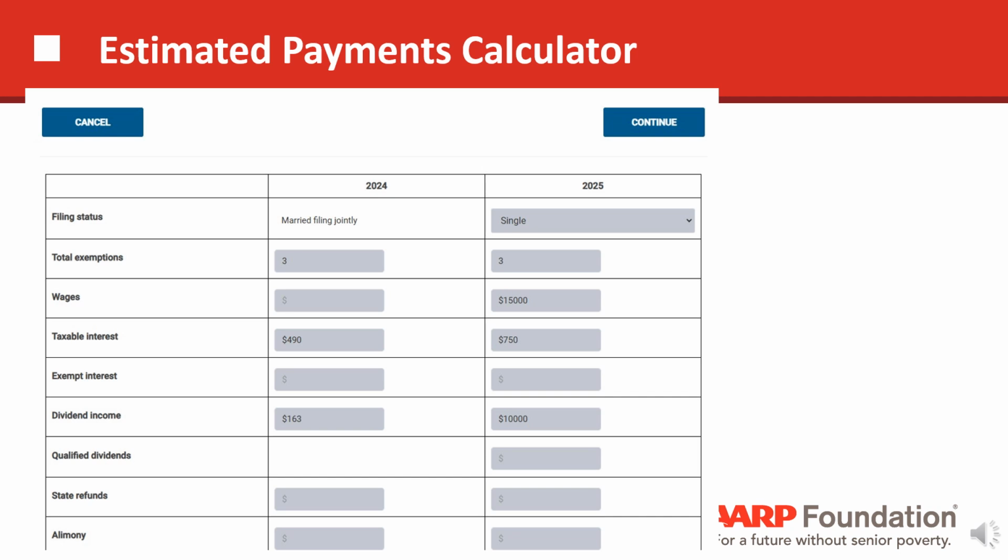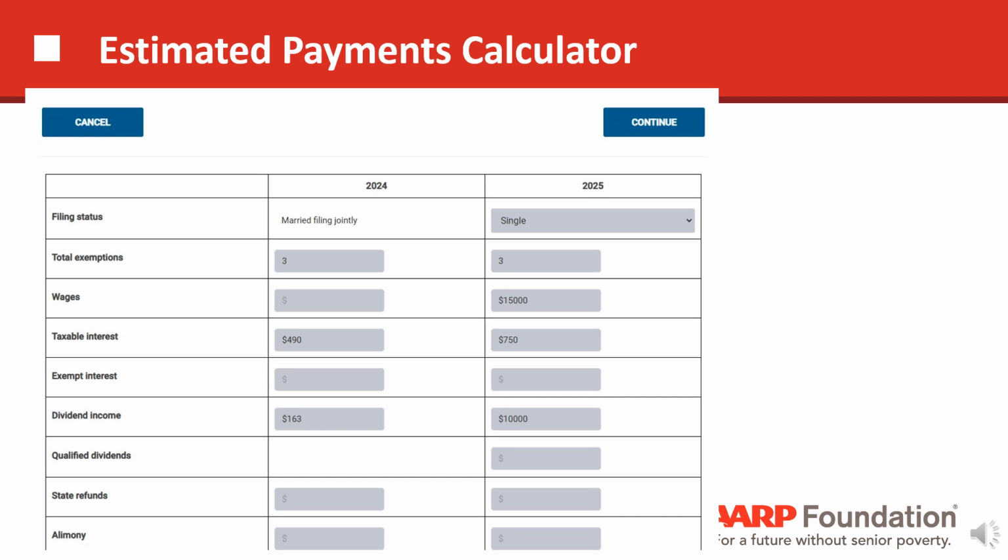So this estimator, this calculator is very useful for doing things like, okay, we know this about this year, but next year something's going to be different. Either the income is going to be different or the number of deductions is going to be different. The extent of a particular deduction is going to be much less.